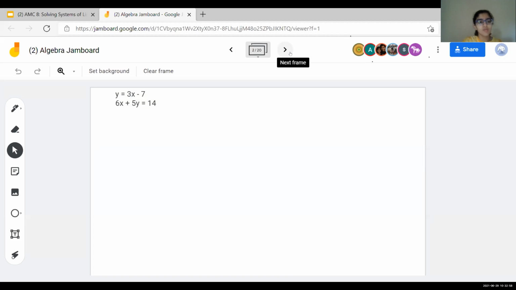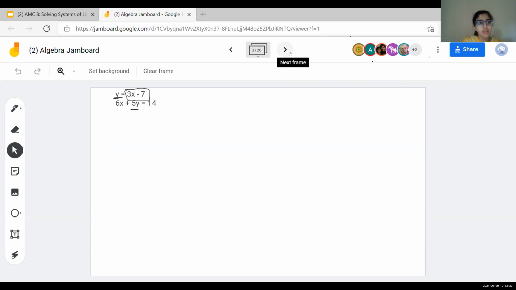Basically, we're going to try to substitute. We already have y isolated here, so we can immediately substitute this 3x minus 7 into this y, because we know y is equal to 3x minus 7. Since this value of y is equal to this value of y at the intersection, 3x minus 7 can be substituted for this y.